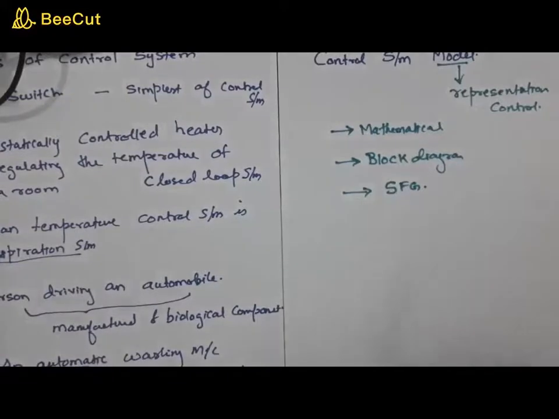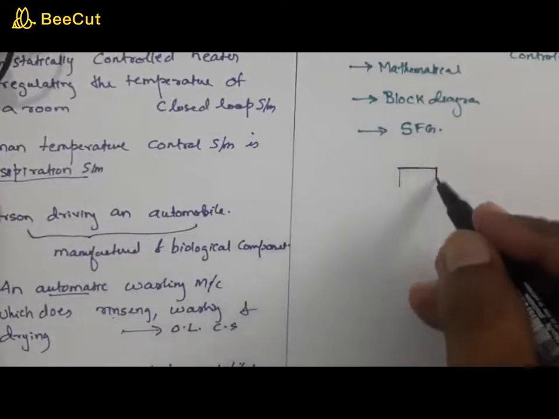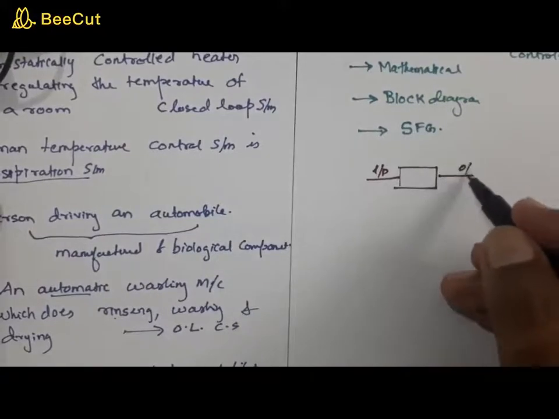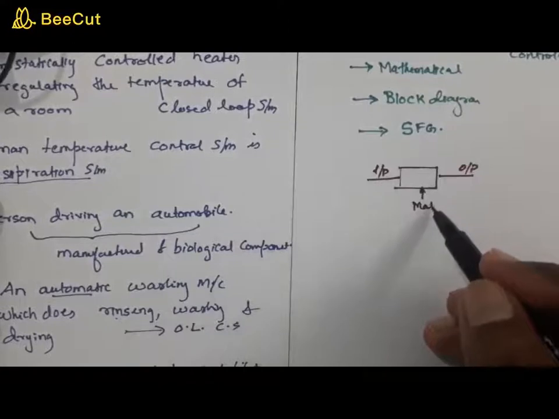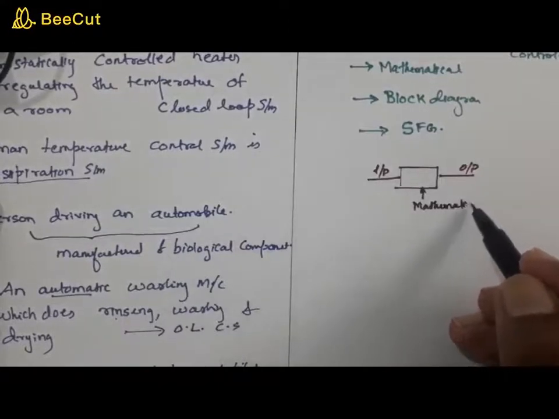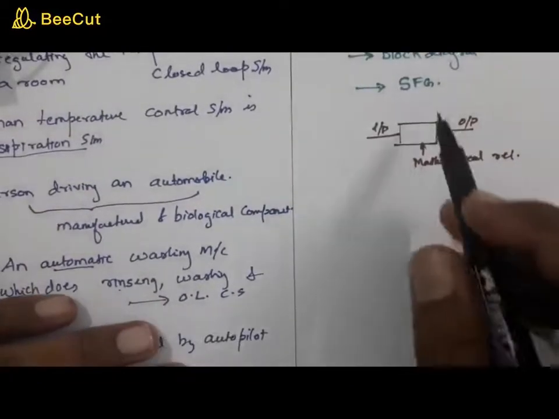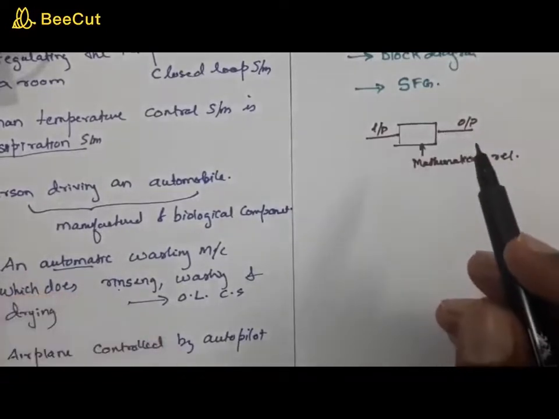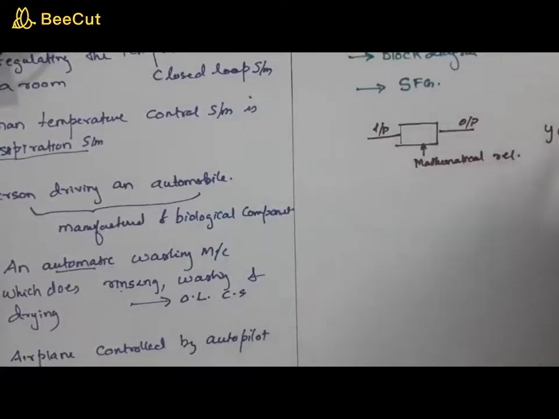I'm just considering the system as a block with an input and an output. This input and output will have a mathematical relation. As you have studied in signals and systems, any system with an input and output can be represented by mathematical functions or relations which relate the output to the input. You might have studied something like this.